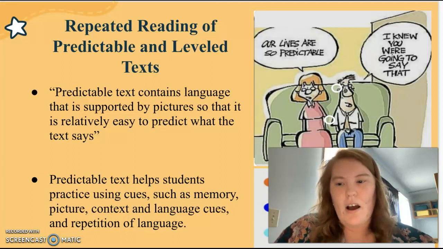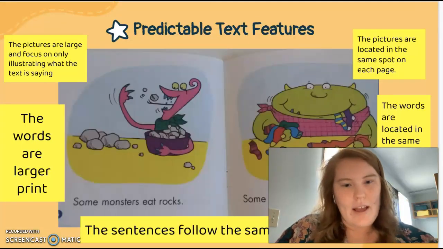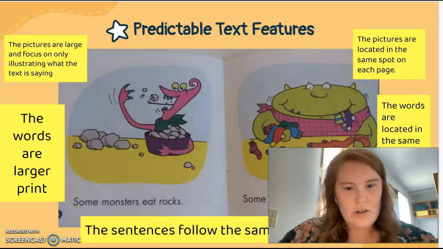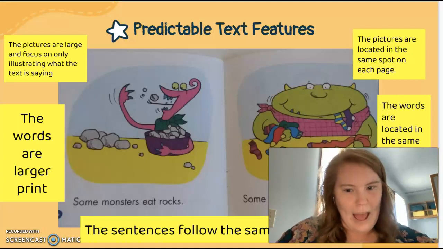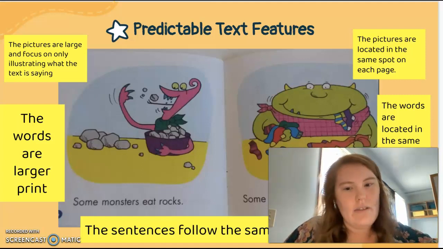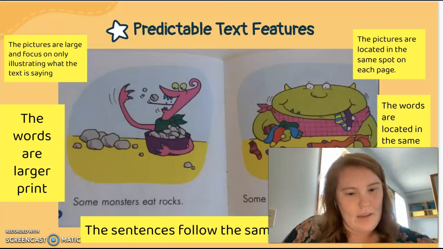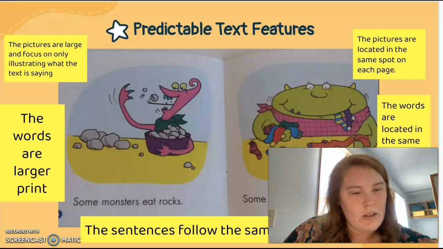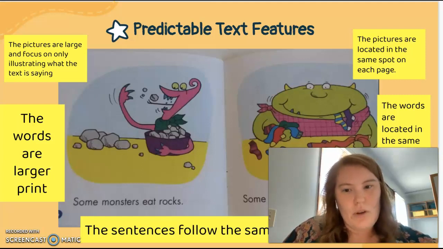I also found this cute picture that really lays out a way for me to remember the different text features that these predictable texts will have. So I'm selecting books that have larger print, where the sentences follow the same patterns and structures. Typically I want the pictures to be located in the same spot and the words in the same spot on both pages.